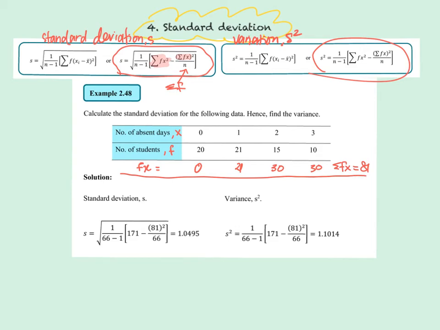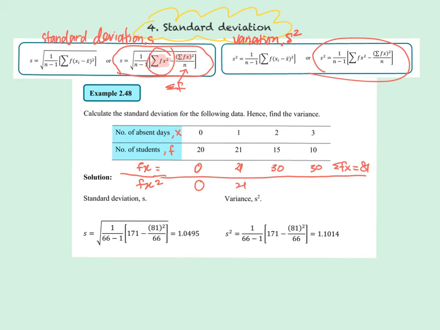Next we have to find the value for cumulative fx squared. So 20 multiplied by x squared, 0. 21 multiplied by 1 squared, so 21.